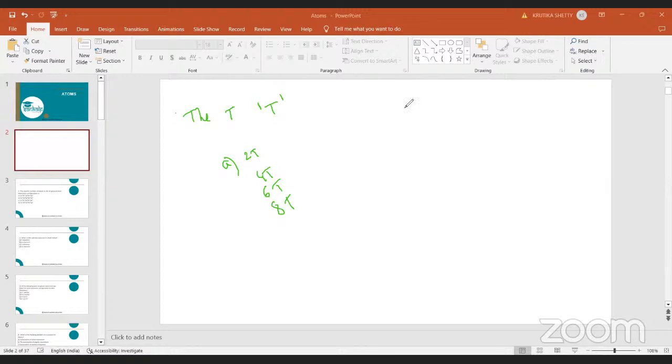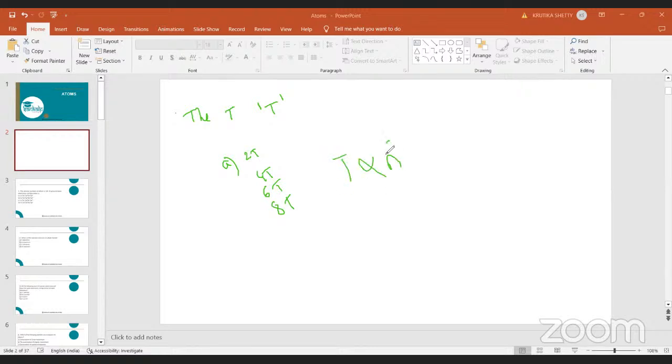Yes, it is option D. It is right. So it is 8T, students. You can calculate the time period for the excited state. Time period T is directly proportional to n cube.